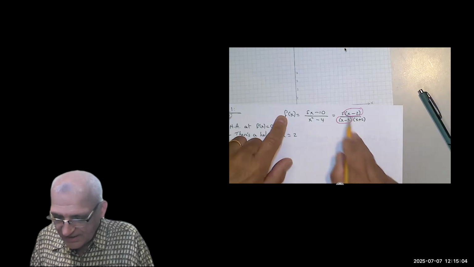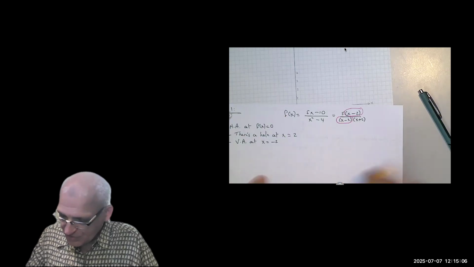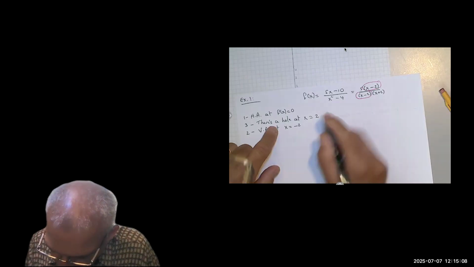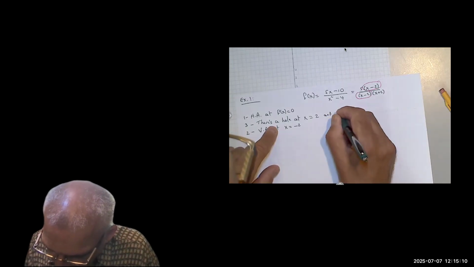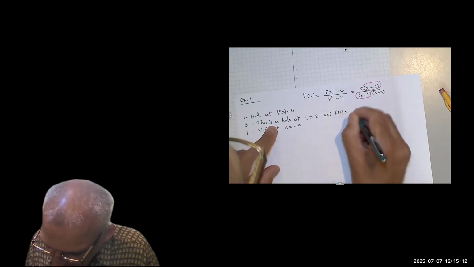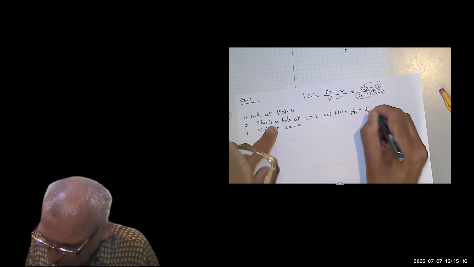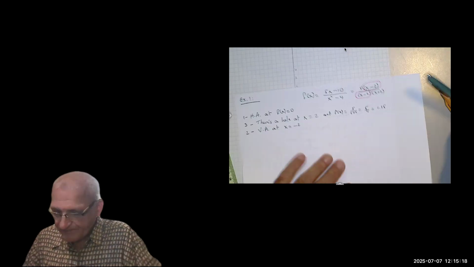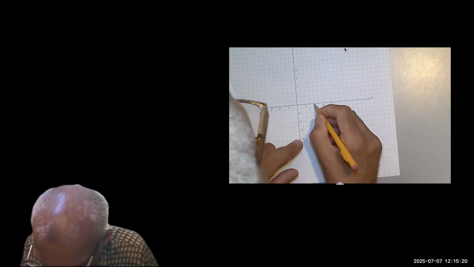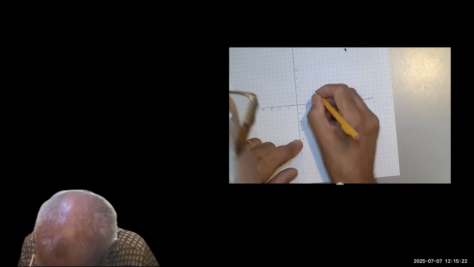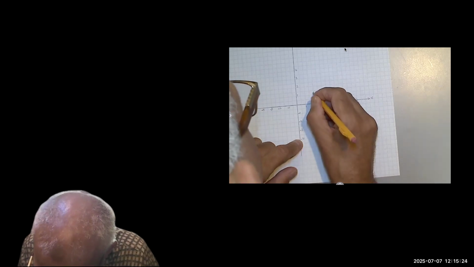If x is 2, you get 5 over 4, or 1.25. So at 2 and 1.25 there is a hole.